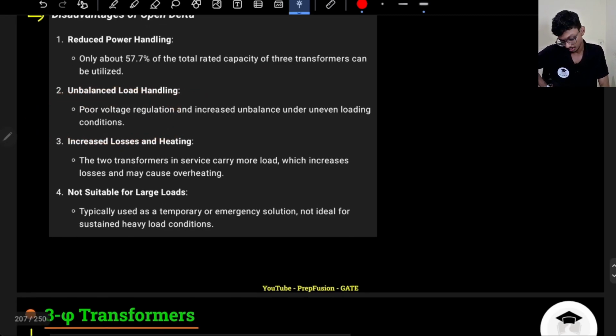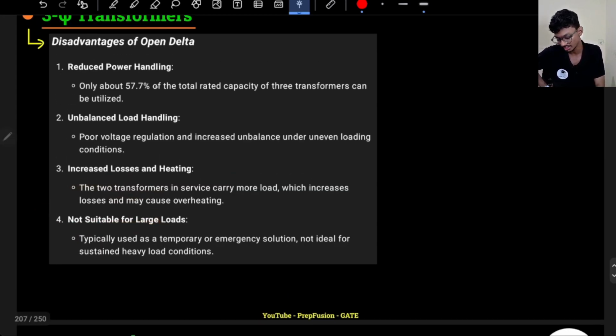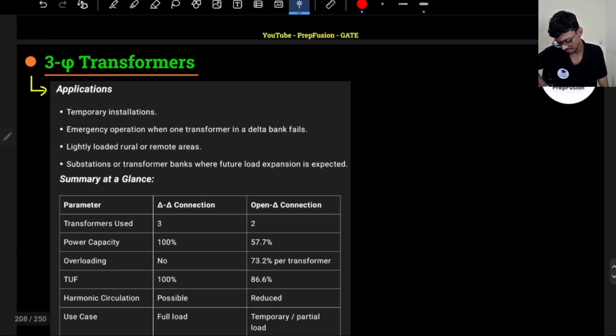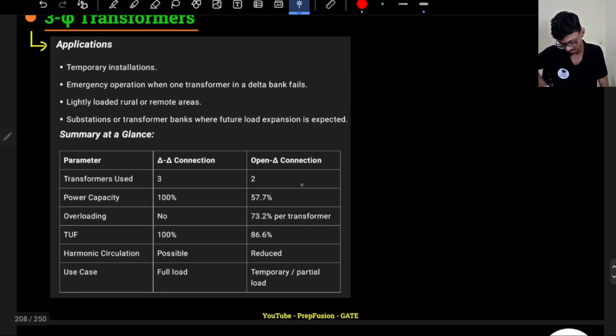Losses will be more because the two windings of the transformer will carry more current, so there will be huge losses and overheating that can damage the system. And of course it is not suitable for large loads because we can only serve 57.7% of the full load. So these are the applications, you can go through this, and these are the differences between the open delta and the delta delta connection.